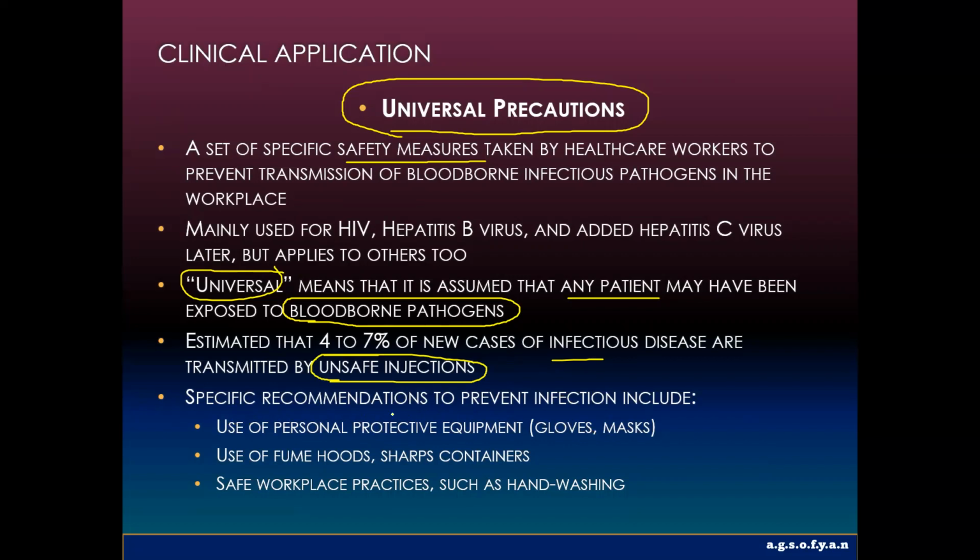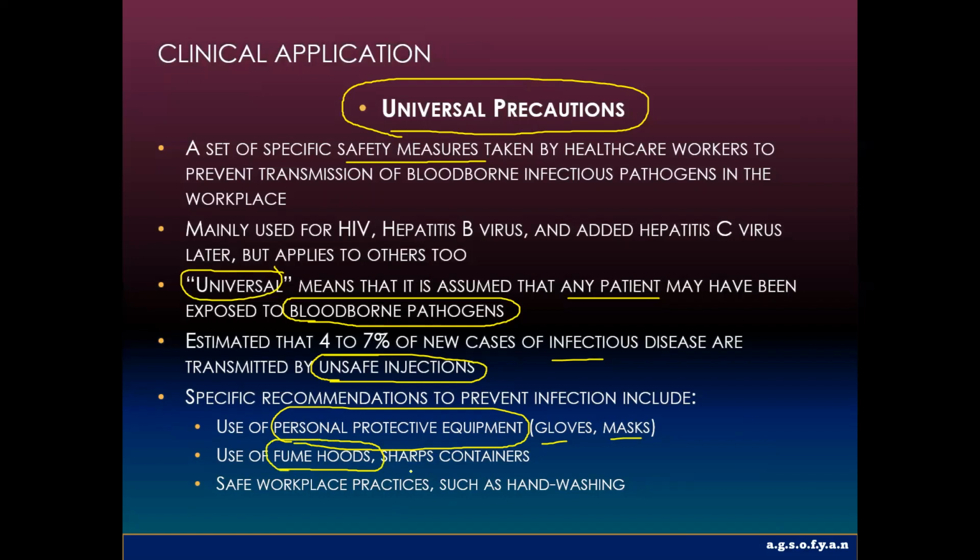And then specific recommendations include using PPE, personal protective equipment like gloves and masks, when working with blood, and also using fume hoods, especially if we know that the blood is not safe.